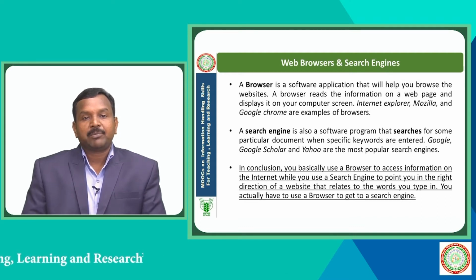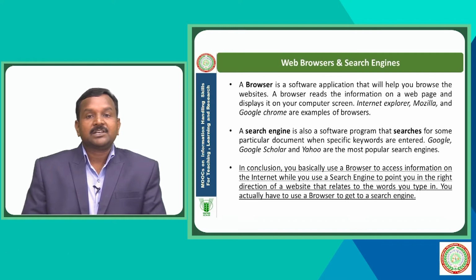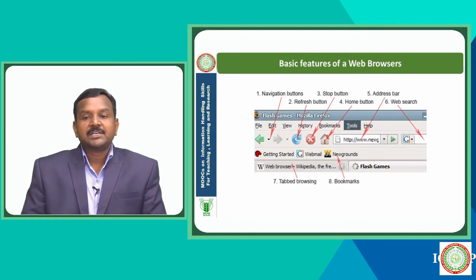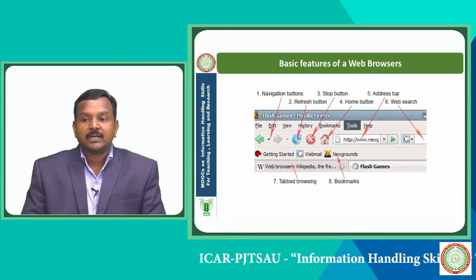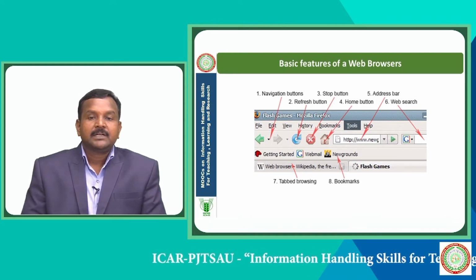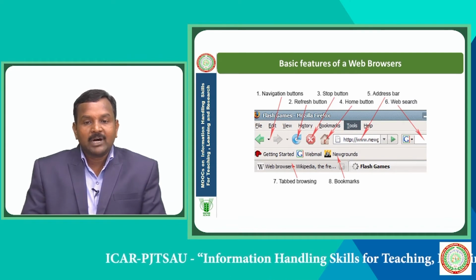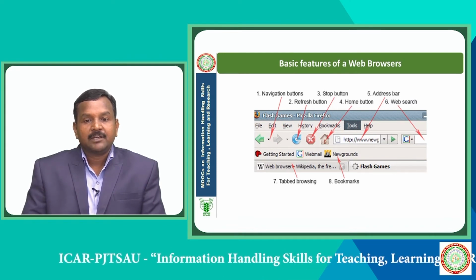We actually use a browser to get to a search engine. These are some of the basic features of any web browser: navigation button, refresh button, stop button, home button, address bar, web search, tabbed browsing, bookmarks, and many other features.